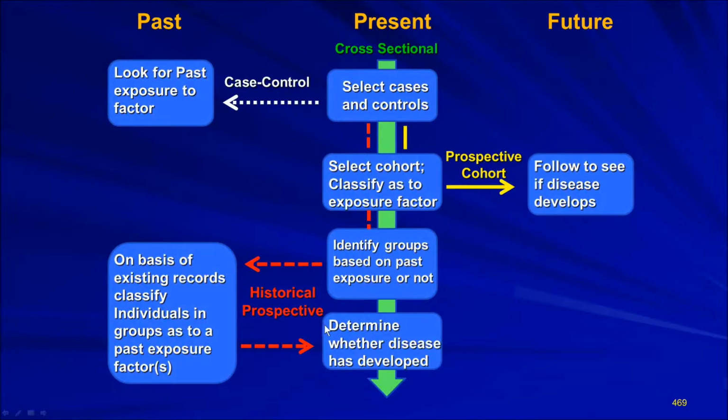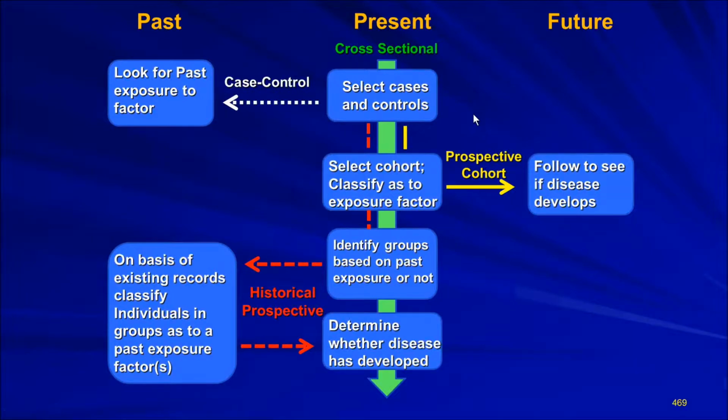What distinguishes the two types of studies is that case control studies begin with diseased, and you can write in diseased, and non-diseased subjects right here. Participants. Select cases and controls. You select those with the disease, and you select those without the disease.